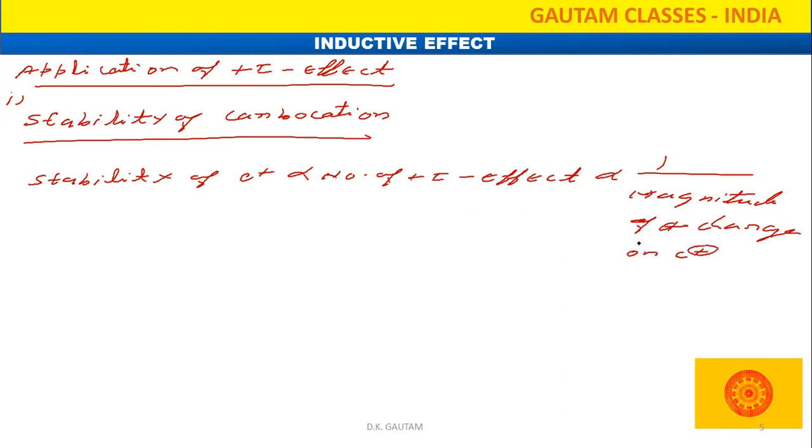And which group increases the magnitude of positive charge? Definitely the minus I group. That means the minus I group is inversely proportional to the stability of carbocation.